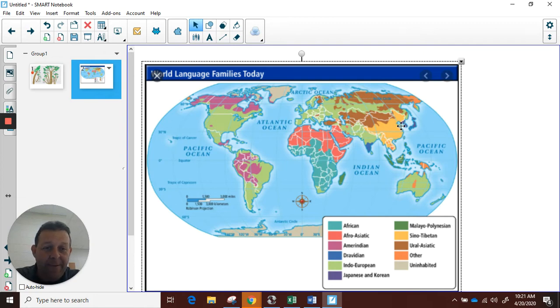So we look at a map and we know this yellow area is where Sino-Tibetan is going to be. Now, I know you're going to be able to look stuff up on the test potentially if they had a question like this, but the application stuff you won't be able to look up. So knowing, oh yeah, Sino-Tibetan, that's China and the area to Southeast Asia, and there's dialects. Like, where would Chinese have its most variation?